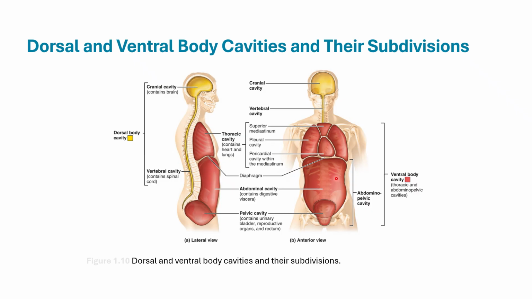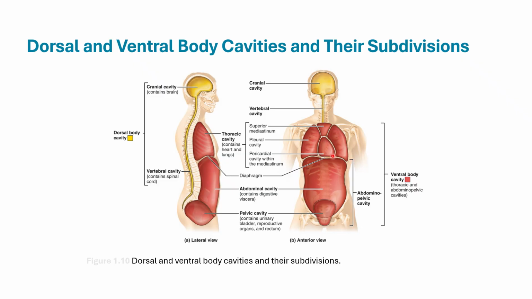The thoracic cavity is subdivided into the superior mediastinum, the pleural cavity, and the pericardial cavity within the mediastinum. All right, so let's take a look at this picture. The thoracic cavity contains the heart and the lungs. You're seeing that here. So over here on this front view, we see the lungs, we see the heart in the middle, and the superior mediastinum.